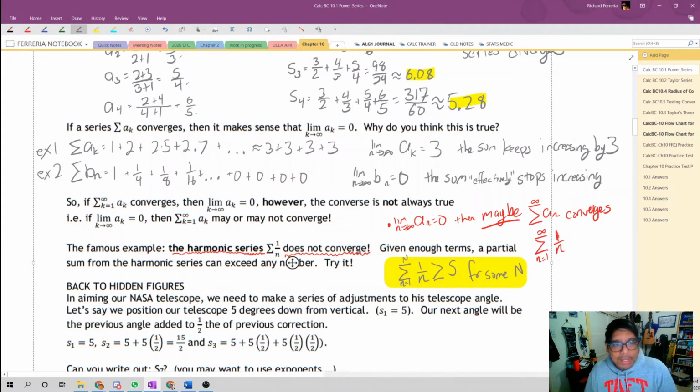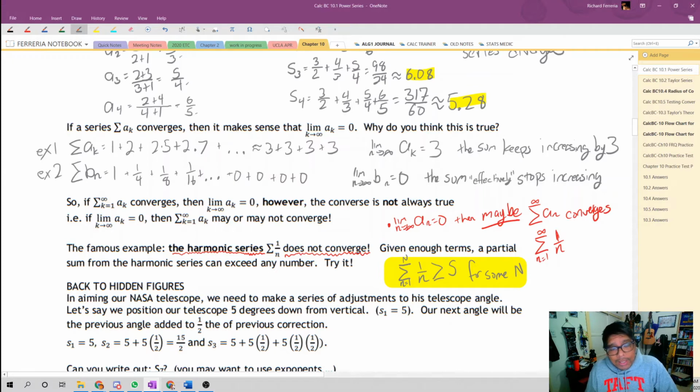And one way that I really like thinking about this is if I add enough terms of the harmonic series, I can get a sum bigger than any value that you could think of. So if I wanted to make this bigger than 5, I'm going to need a few terms, but I can make this sum bigger than 5.